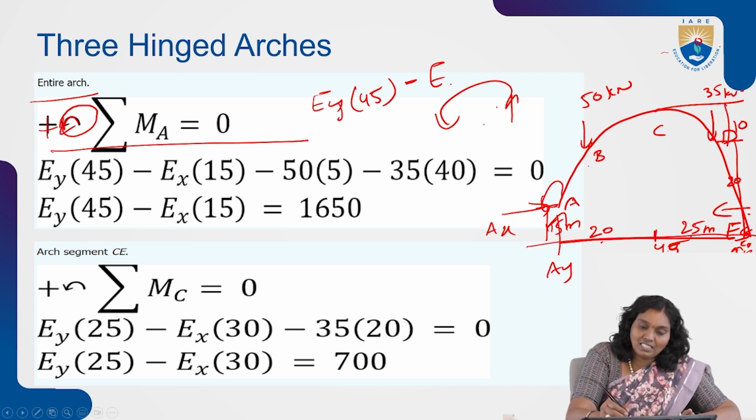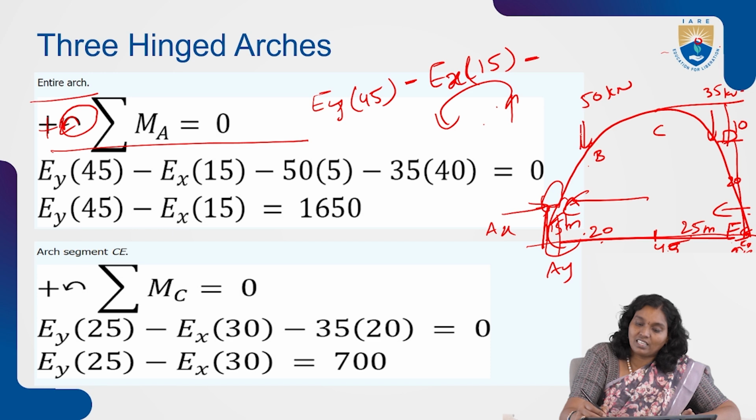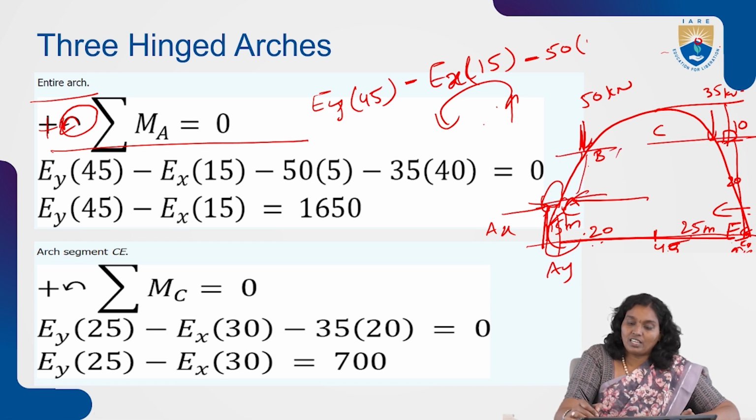So that's why minus EX multiplied by 15, minus the 50 kilonewton load. From the 50 to here the distance is 5, because from here to here that is 20.